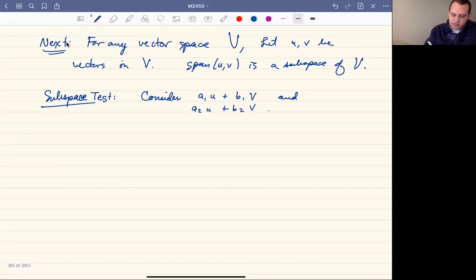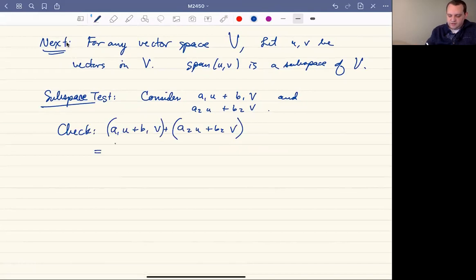And so then we can just check that if we add these together, A1U plus B1V plus A2U plus B2V, we can associate the U's together and factor it out. This is (A1 plus A2)U plus (B1 plus B2)V.